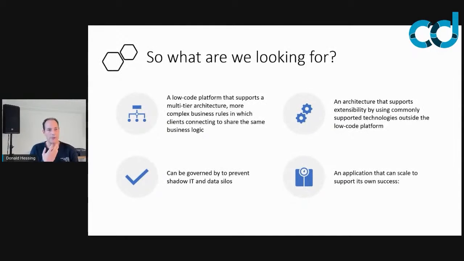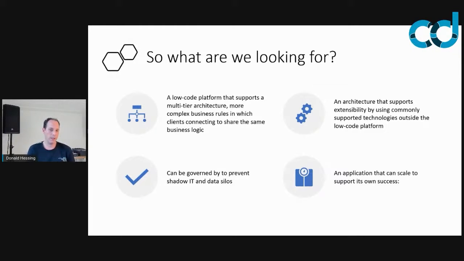So what we are looking for is basically a low-code platform that supports more of a multi-tier architecture, where we have front end, business logic, and data layer, and where we can share that business logic so that if we want to extend to multiple clients, we have an endpoint that goes through the business logic back to the data layer.